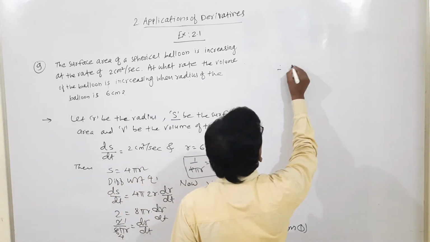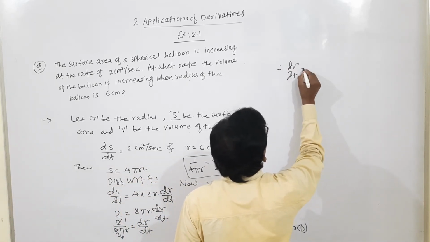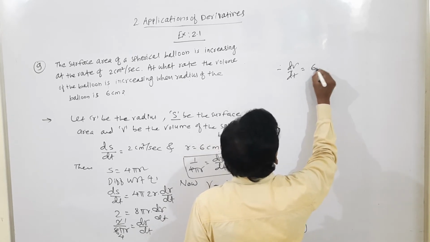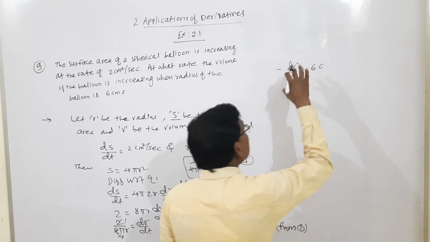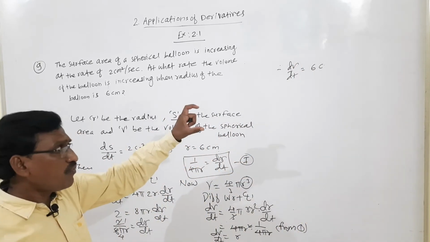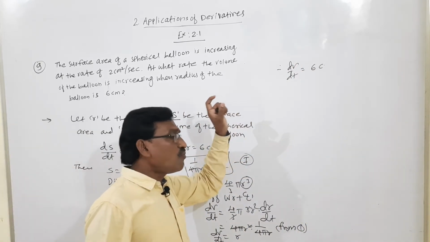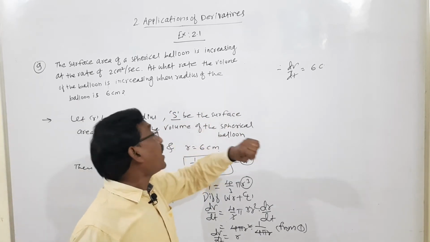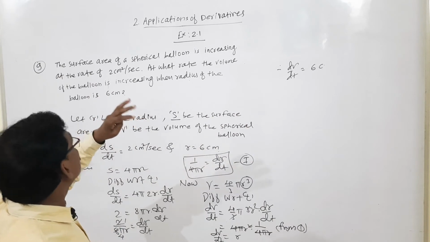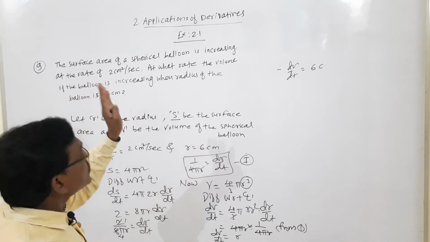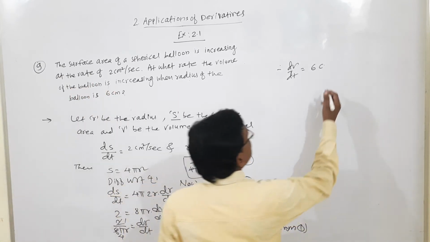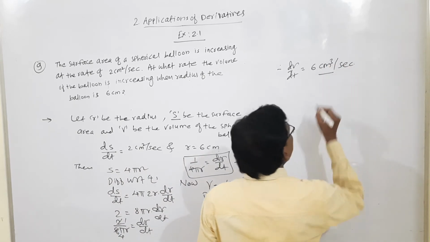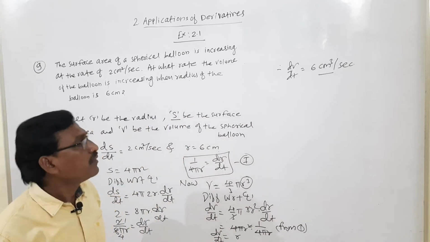Therefore dV by dt is equal to 6. Here it is the rate of change of volume with respect to time of the spherical balloon: 6 centimeter cube per second. Centimeter cube because it is the volume of a sphere.